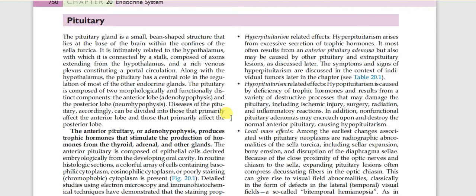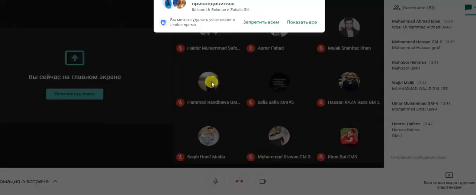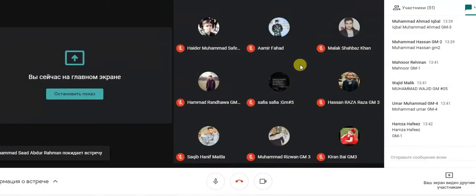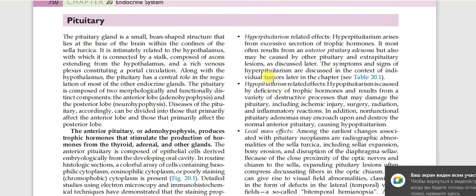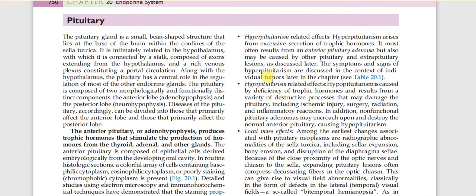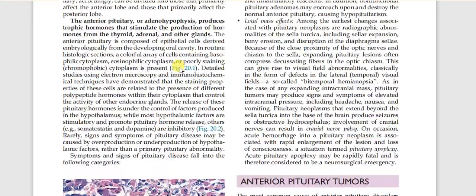I explained to you its embryological composition, and it is also composed of two types of portions, neurohypophysis and adenohypophysis. Based on the cells present there, we will discuss different syndromes.